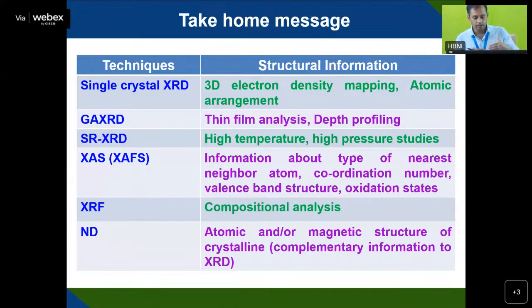At the low angle, the X-ray interaction is much larger with the coating layer instead of going into the substrate. So you will get more information about the thin film.